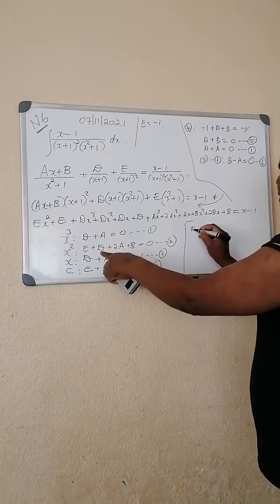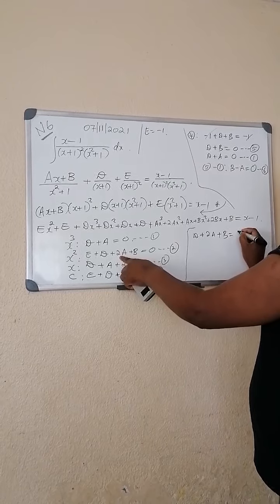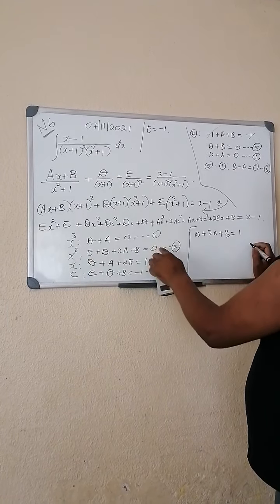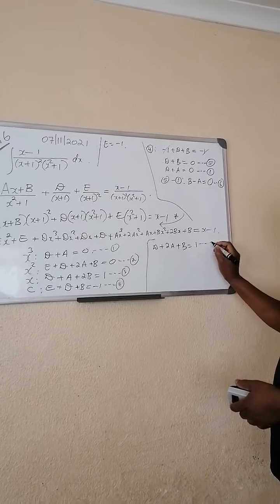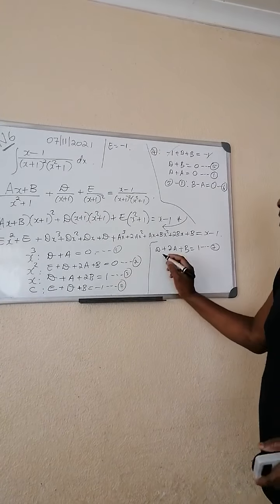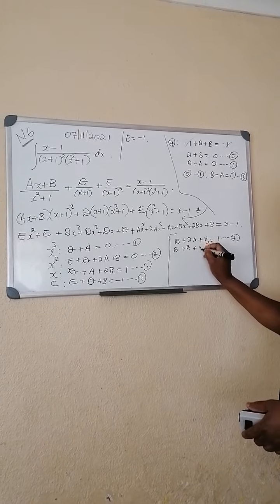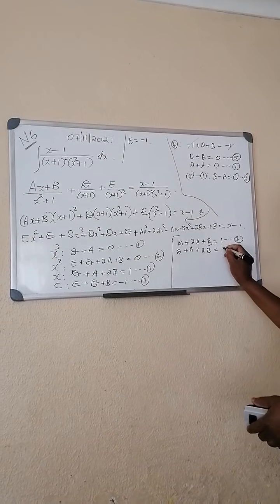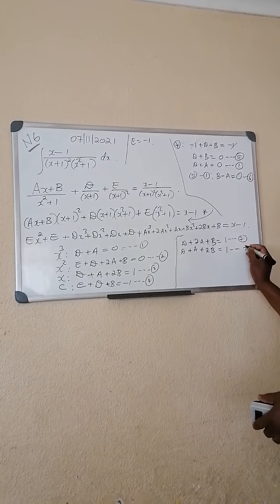Then I can have D plus 2A plus B equals 1, because this minus 1 is transposed there. Now this I can name equation 7, but now I can then have D plus A plus 2B equals 1, which is now my equation 3.